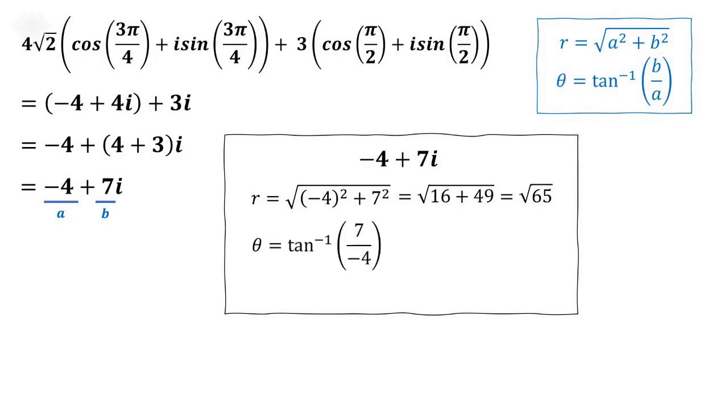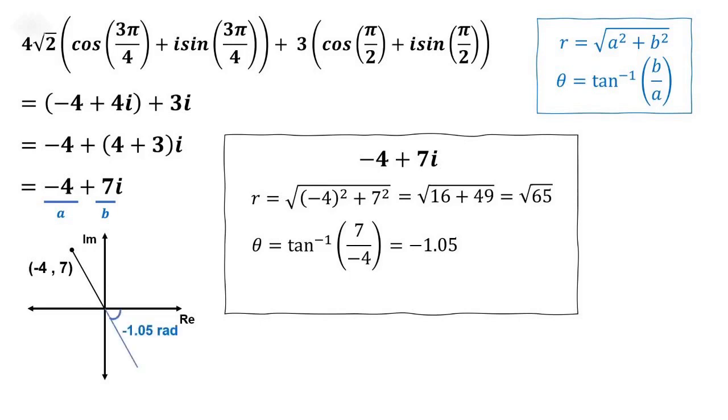While for theta, we have arctan of 7 over negative 4, and typing it into our calculator gives us negative 1.05. But if we plot negative 4 plus 7i on the complex plane, we can see that this point is in quadrant 2, while the angle, negative 1.05 radians, is in quadrant 4.